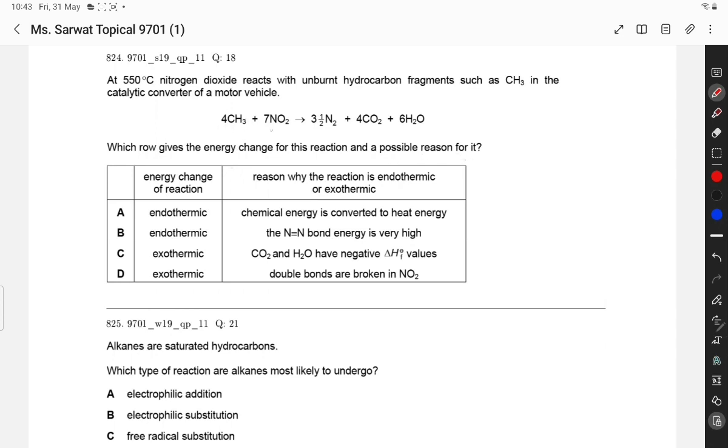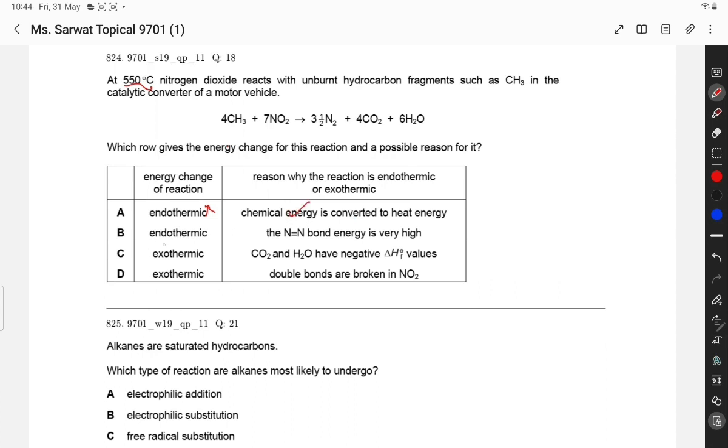So this is methyl plus nitrogen dioxide to form nitrogen, carbon dioxide and water. Energy change: endothermic. So this is not it, chemical energy is converted into heat energy.